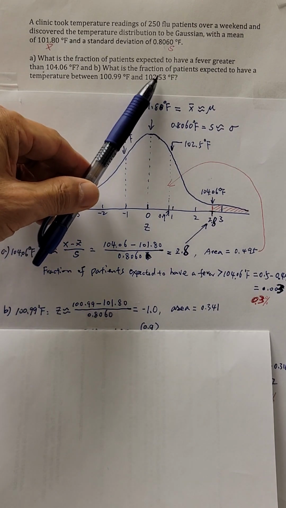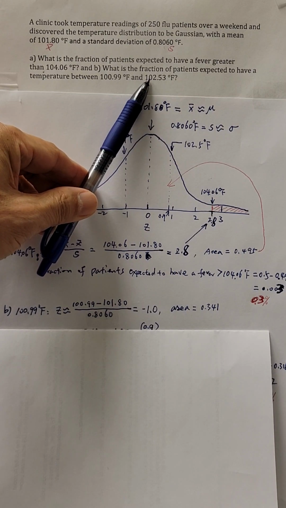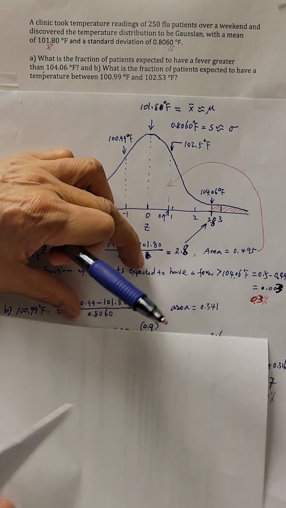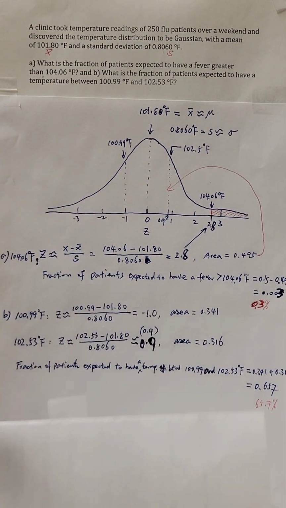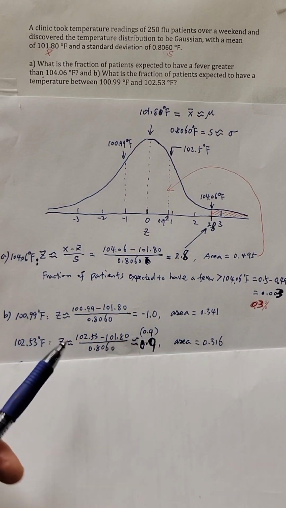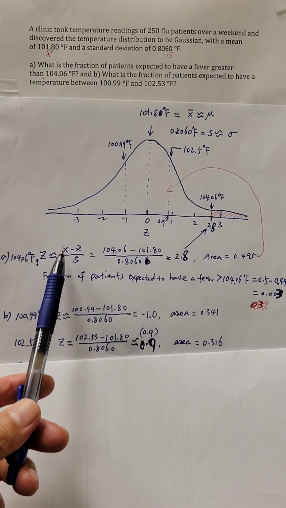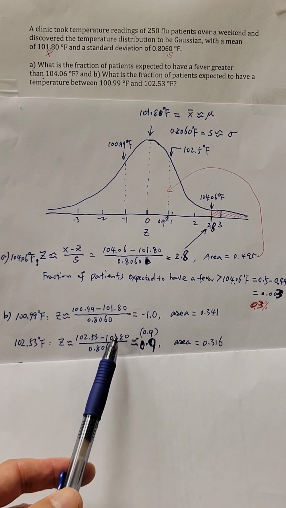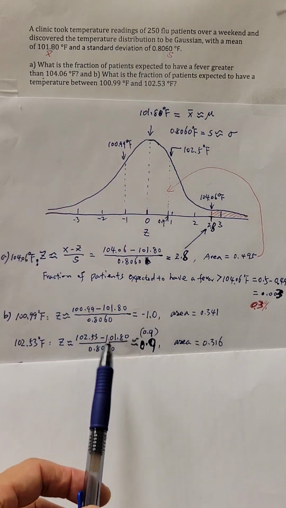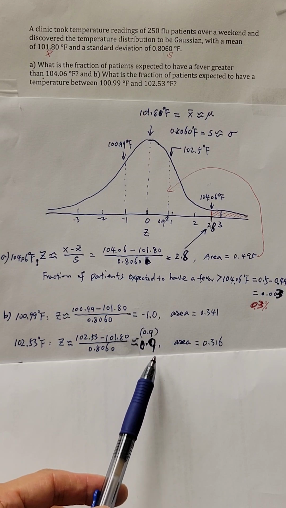Now we work on the other measurement on the other end. That's 102.53. Measurement subtracted by the mean value, divided by the standard deviation, and then you get a z-value of 0.9.